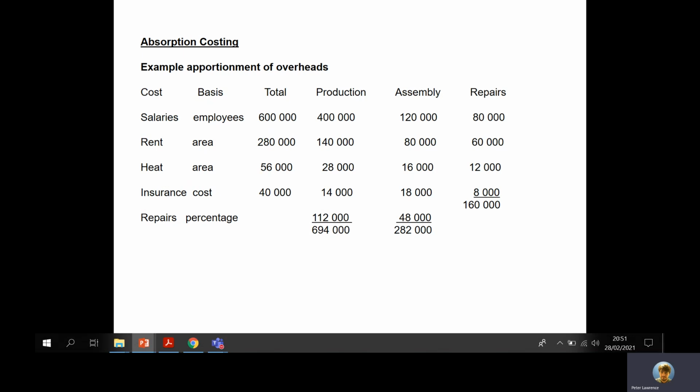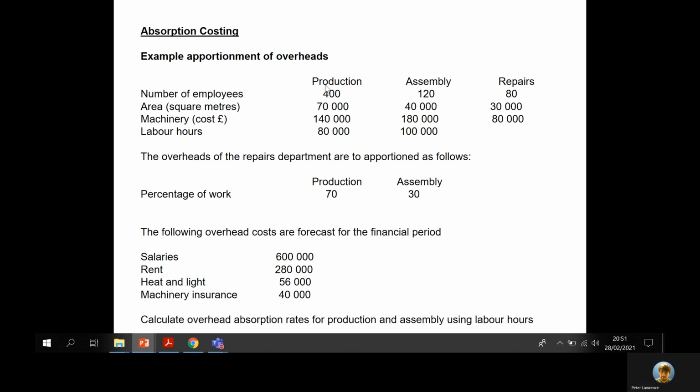Do the same with the heat and the same with the insurance. You simply take the total overhead, divide it by the total of the floor area. So in this one, we're using floor area. So 70 plus 40 plus 30 gives us 140,000.